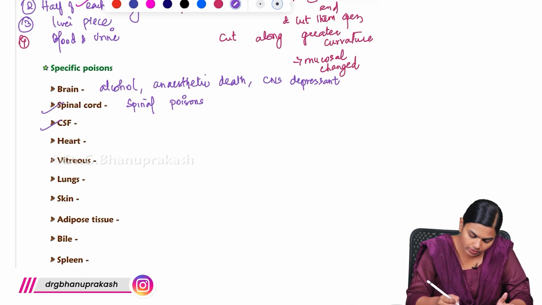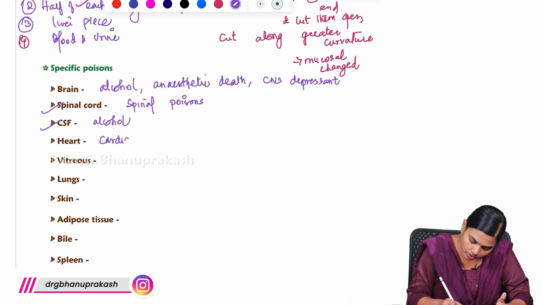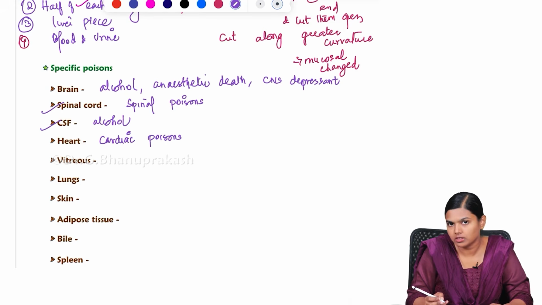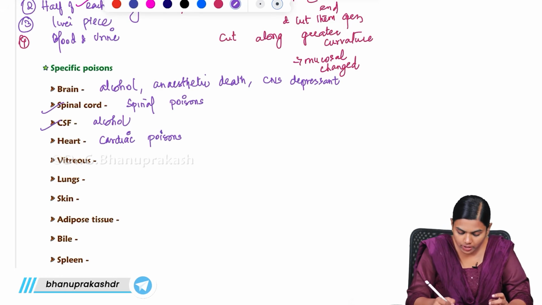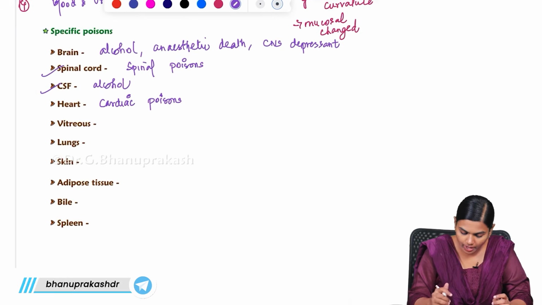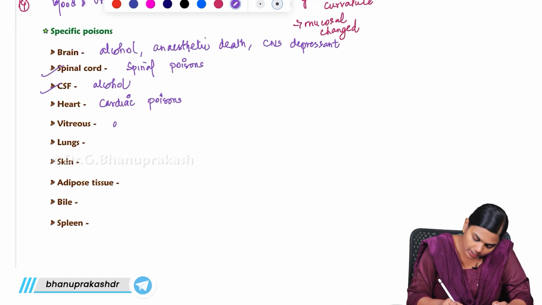And CSF is preserved in alcohol cases, and heart is preserved in all cardiac poisons. So your digitalis, oleander, all the cardiac poisons, you will be preserving heart. And vitreous is used in decomposed cases.